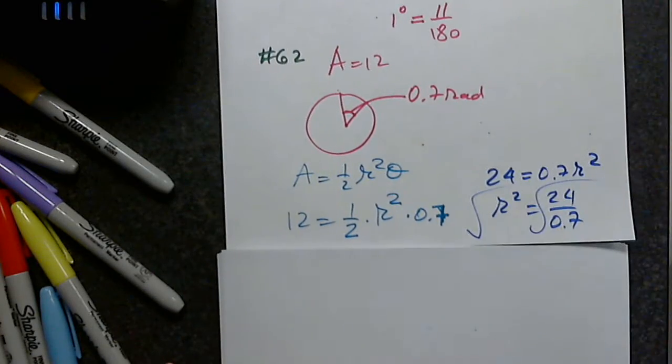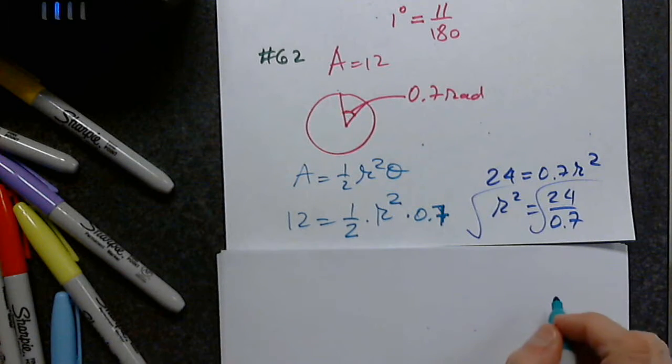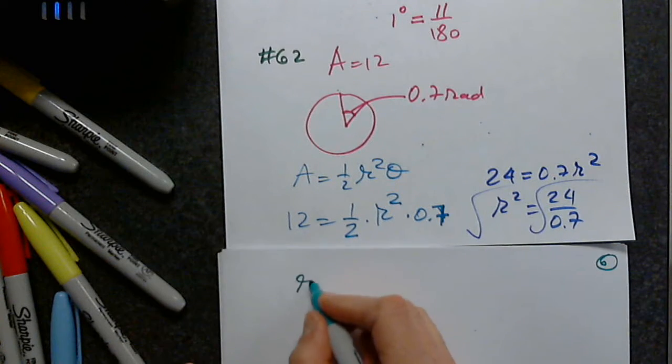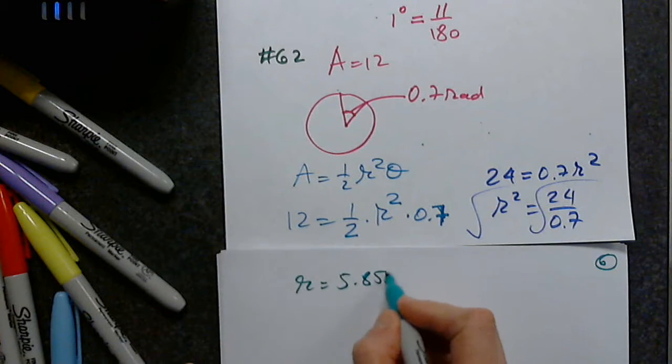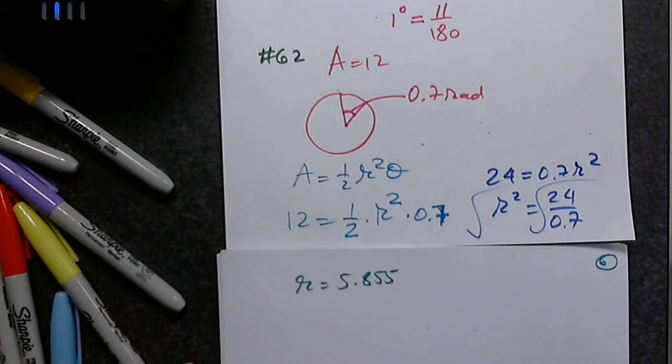Exactly, it can only be positive. So r equals the square root of 24 divided by 0.7, and I get 5.855. They did not give us a measurement unit, so that's it.